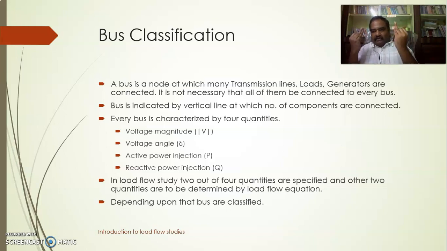So literally speaking, I am redefining the voltage magnitude and the voltage phase angle, and these two are the active power and the reactive power, as mentioned on the slide. So every bus is characterized by four quantities: voltage magnitude, voltage angle, active power and reactive power.